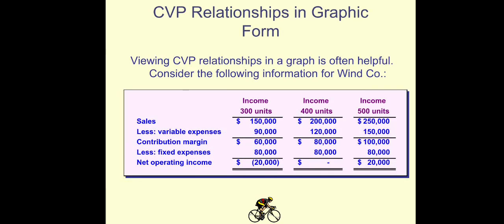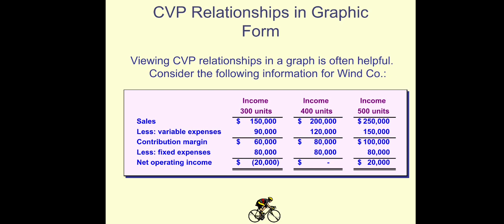So you can see here, this is the scenario showing the relationship between cost, volume, and profit. The first column shows the items: sales, variable expenses, contribution margin, fixed expenses, and then net profit.